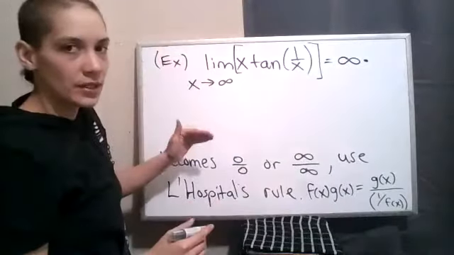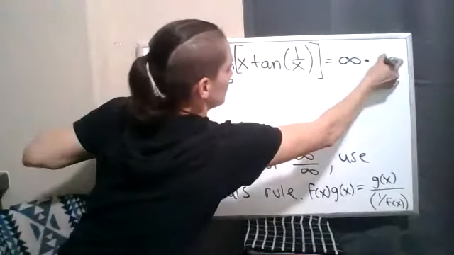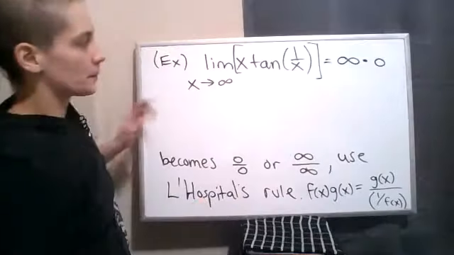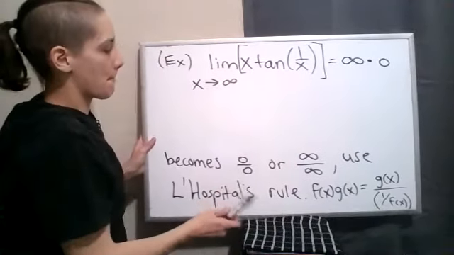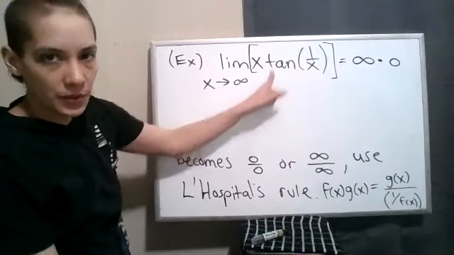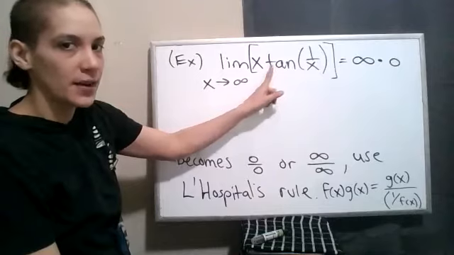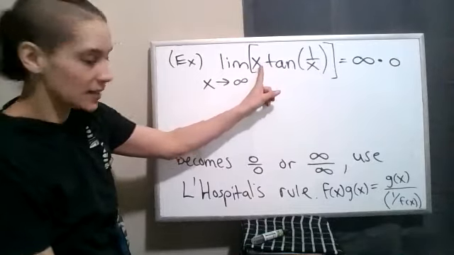Tangent is sine over cosine, which you'd have as 0 over 1. So infinity times 0. So we're going to rewrite this as the tangent of 1 over x divided by 1 over x.